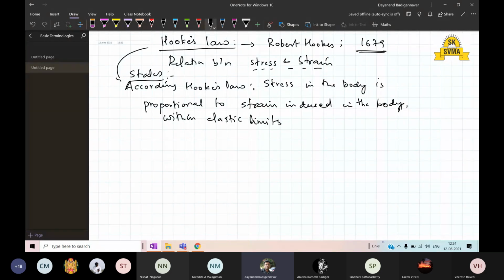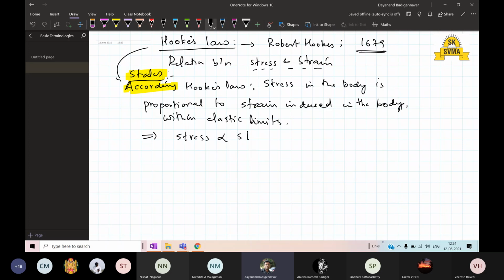So this is known as Hooke's law. What does Hooke's law state? Hooke's law states that the stress induced in the body by external force is directly proportional to the strain within elastic limits. If I write in simple words, stress is directly proportional to the strain.